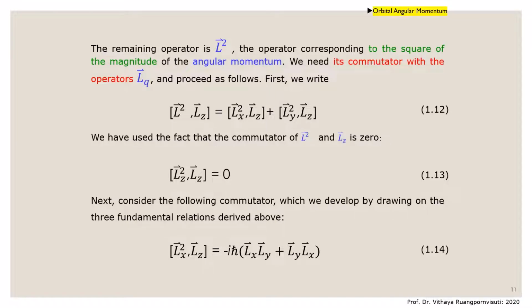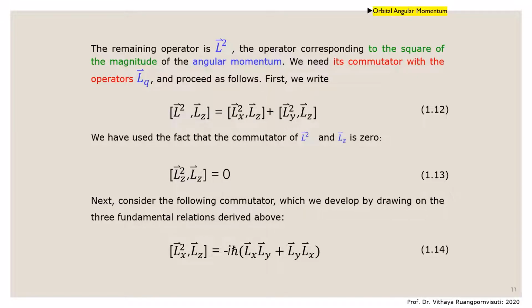The remaining operator is the L-square operator, which corresponds to the square of the magnitude of the angular momentum. We need its commutator with the operators L_q, or angular momentum components, and proceed as follows.